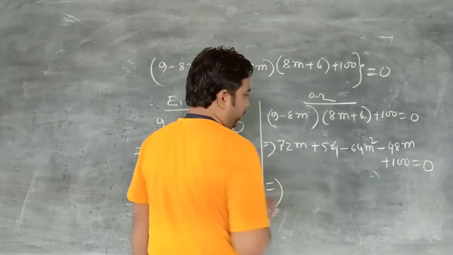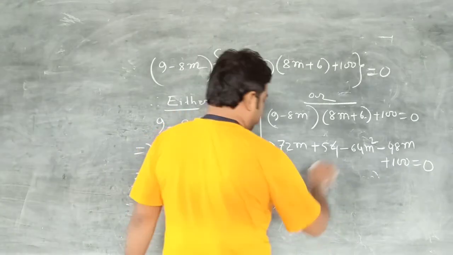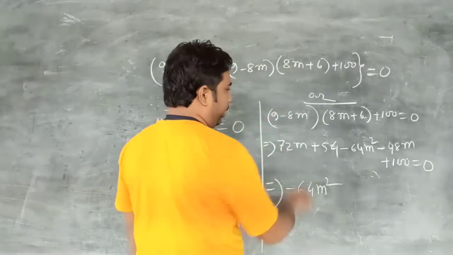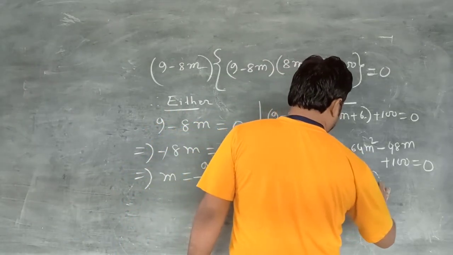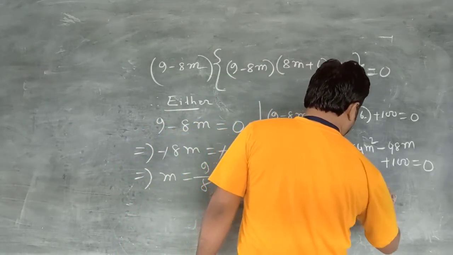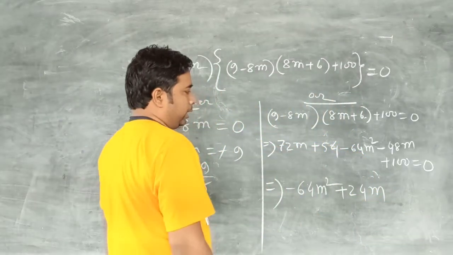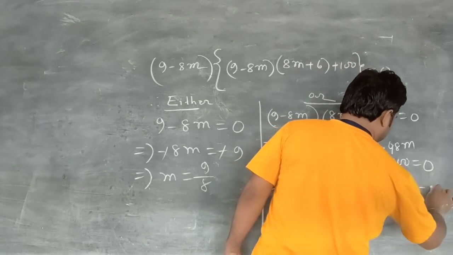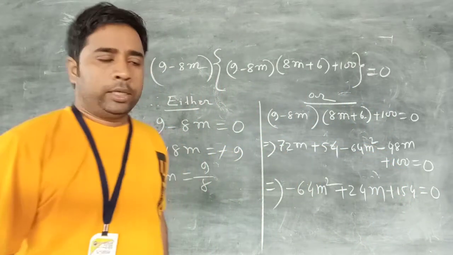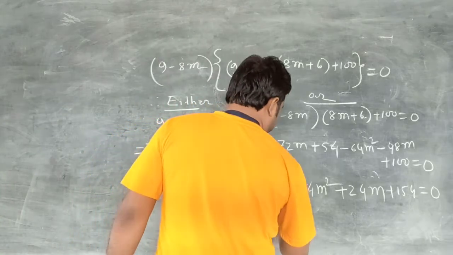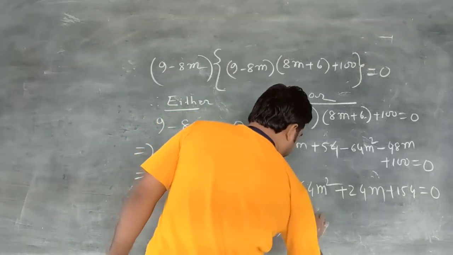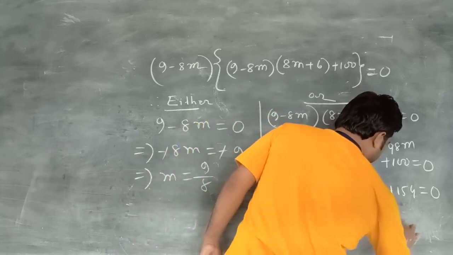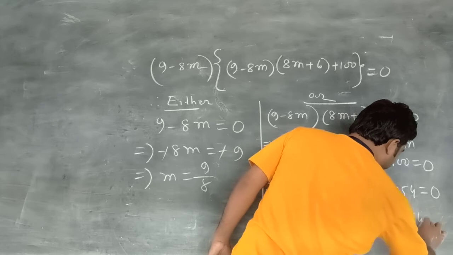First let us write 64m square. Then 72 minus 48, 24, plus 24m. Next, this is 100 plus 54, 154, equal to 0. So if we divide all the numbers by the negative sign, this is 64m square minus 24m minus 154 equal to 0.